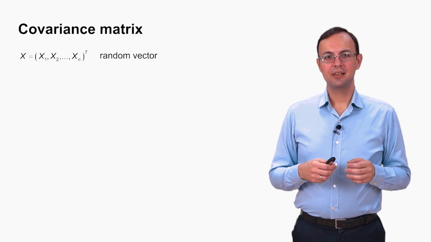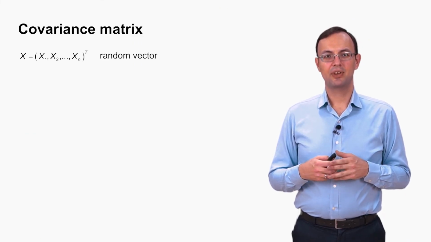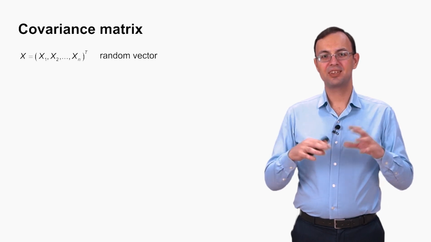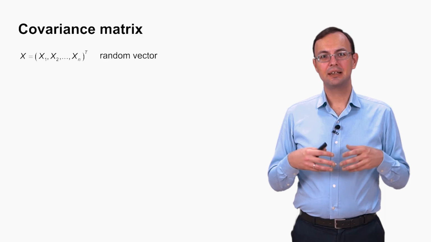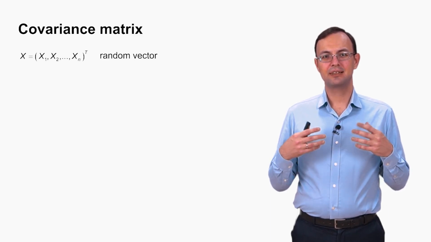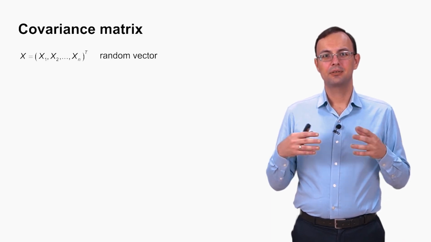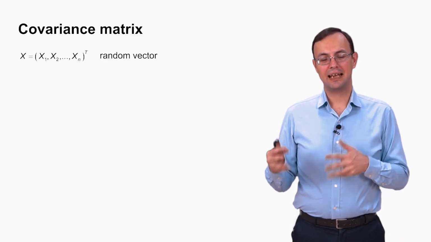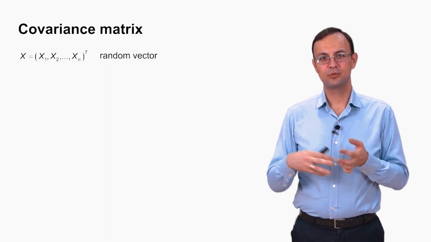Sometimes we deal not with a pair of random variables, but with a set of n random variables. And in such situations, we usually say that we have a random vector. So random vector of dimension n that consists of n random variables x1, x2, xn.